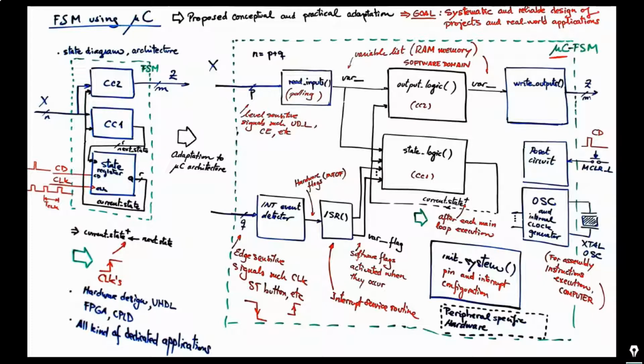And they are written or drawn in different colors. Some of them are blue, read inputs, write outputs, interrupt event detectors, and some of them are init system, and some of them happen to be in black. And why so? Because in black we have what is called the software domain.